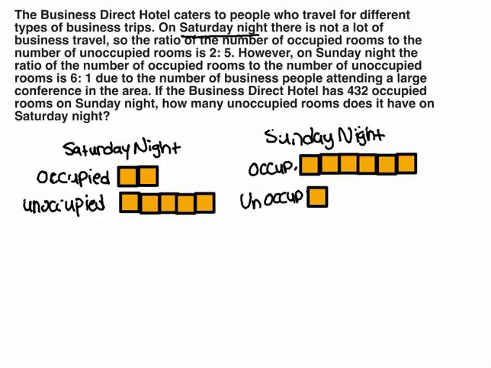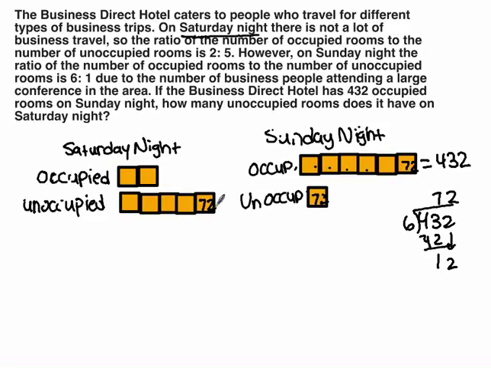So there's 432 occupied rooms on Sunday night, so this would equal 432, and we have 1, 2, 3, 4, 5, 6, so you would need to do 432 divided by 6 to get the value of each one. The value of each one is 72, which means that these blocks, there's 7 of them as well, are also going to have a value of 72.